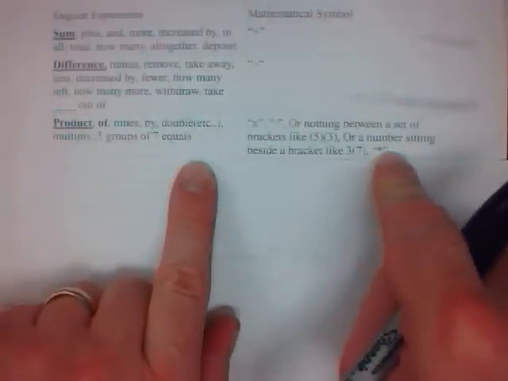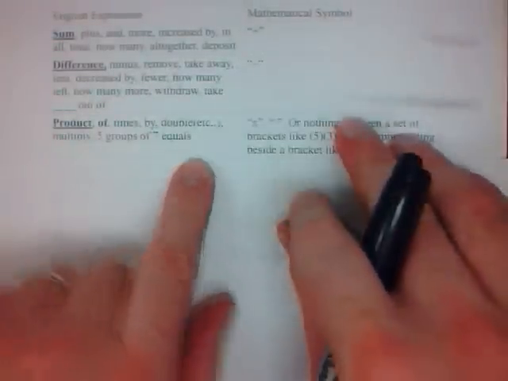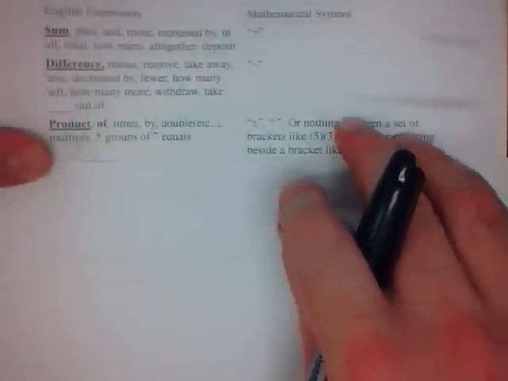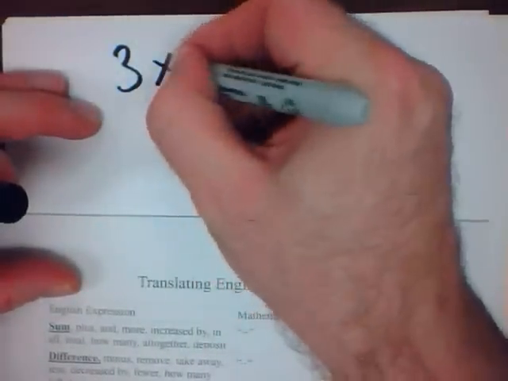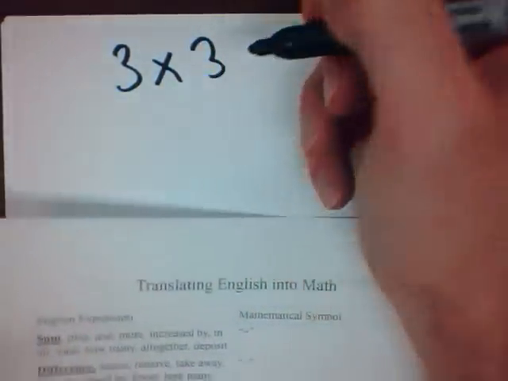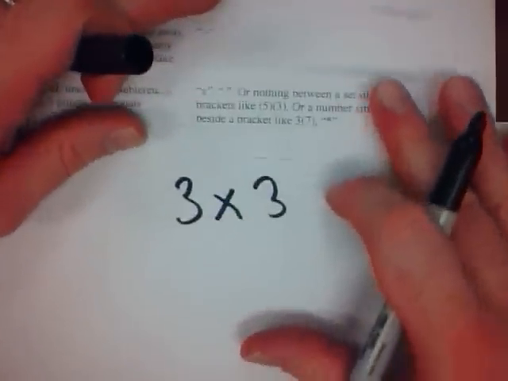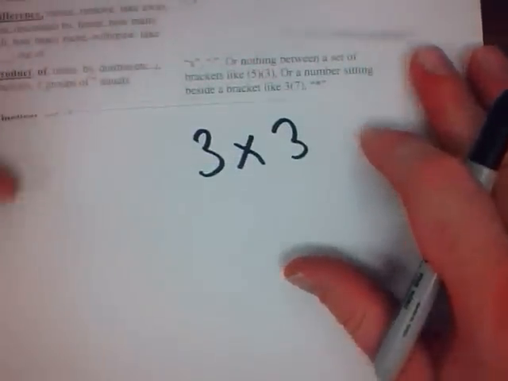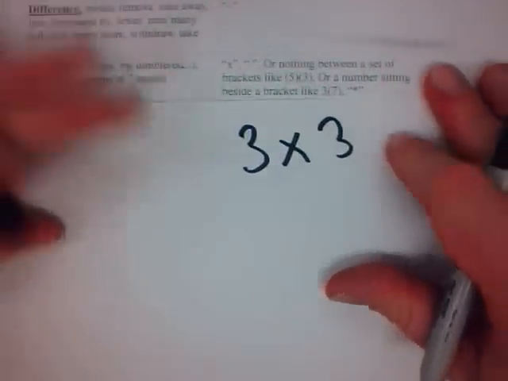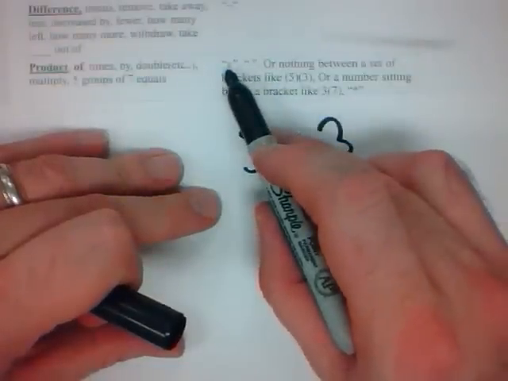You will note there's a whole bunch of different ways of showing it. So we're going to go over that for just a moment to make sure you know them all. Multiplication can be shown in the following ways. 3 times 3. And if you look at our list, that's the first one, 3 times 3.